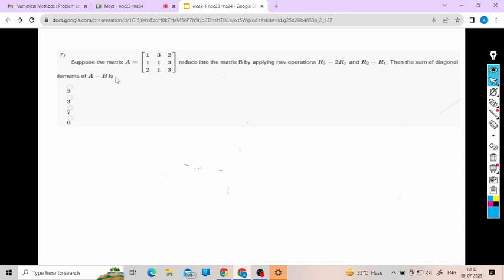For that you need to make this element 0. So first, to make the first element 1, we divide by 2, so you get 1 and 3 by 2. Then to reduce it to 0, we applied R1 minus R2. So you'll get the matrix 1, 3 by 2, 0, then 9 by 2, and the x matrix will be x1, x2 equals 1, 2.